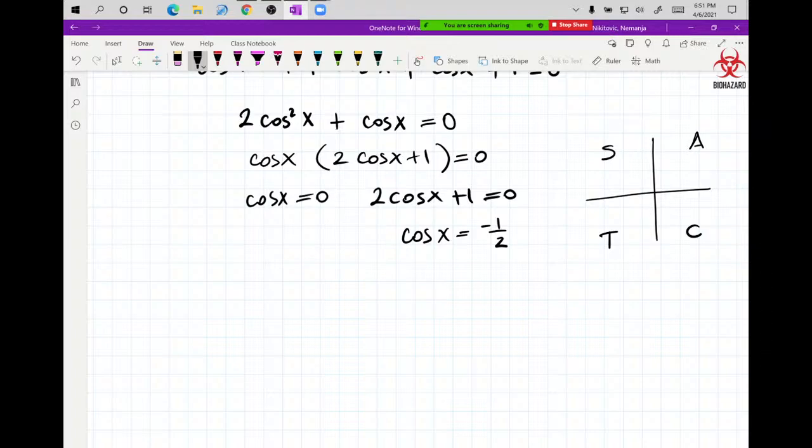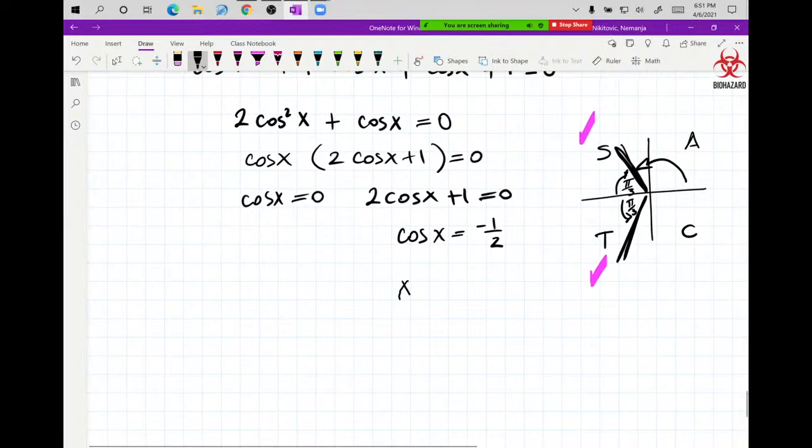Cosine is negative here and here, and we need those pi over 3's, which is there and there. So from here to here is pi over 3. Remember, you always get the reference angle from your basic calculation, and then you have to come up with the actual angle from this side.